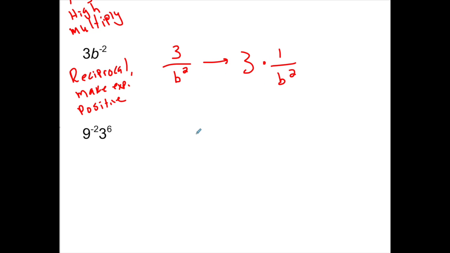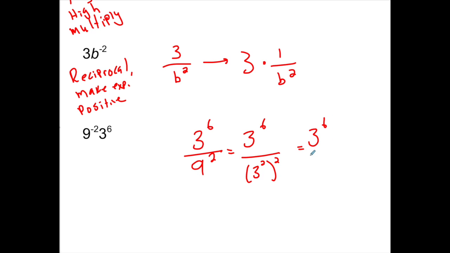The last one's a tricky one. I have my 3 to the 6th, and the 9 to the negative 2 becomes 1 over 9 to the 2. If you think we're done, we're not, because 9 is 3 squared. So this is not just 9 squared, it's 3 squared squared, and when you do that, remember you fly high multiply.